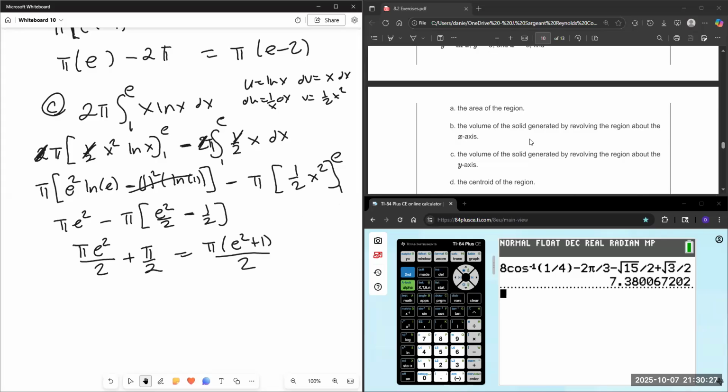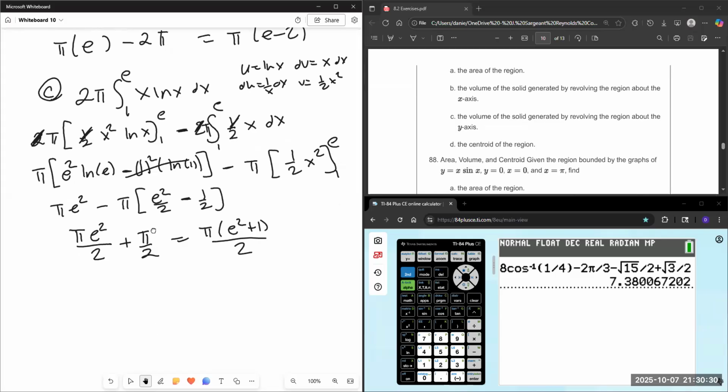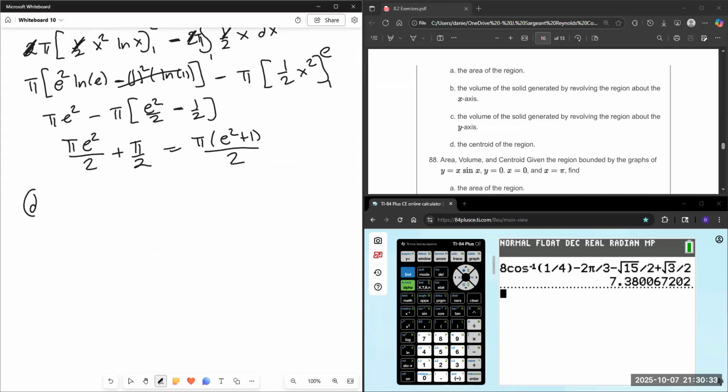And then D, the centroid of the region. So we're going to need our M, which is going to be 0 to 1 of ln of x dx. Sorry, 1 to e. Keep saying 0 to 1 because I'm thinking of the ln values. So 1 to e of ln of x dx, which we already found out to be 1.